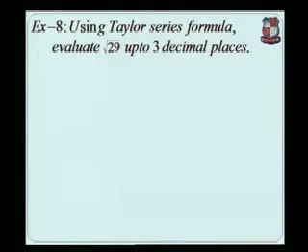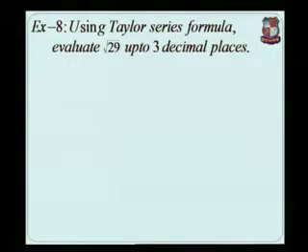First example, using Taylor series formula, evaluate the value of root 29 up to 3 decimal places. As we know that if root 25 is given, then it is easy to find the value, that is 5, but here root 29 is given. Normally we use the calculator to find the value of this, but now we use the expansion of the Taylor series.